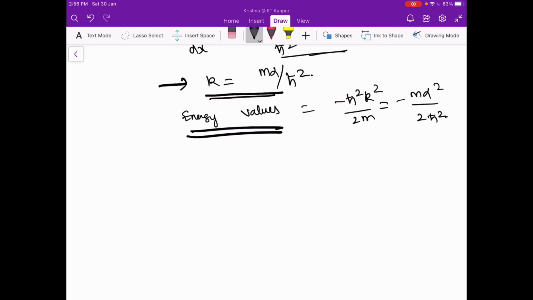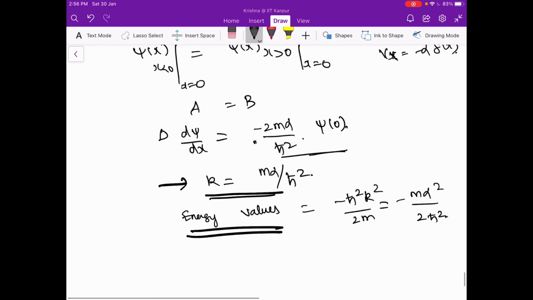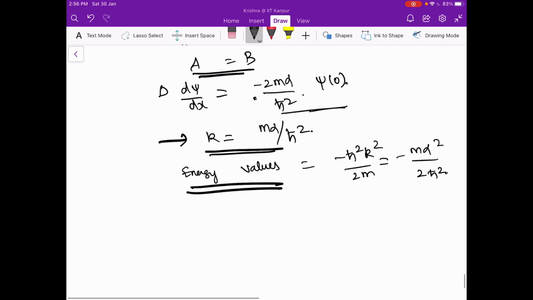So now we have k, we know this. What are the values of A? We have to find the value of A. So how do we find the value of A? By normalizing it, right?